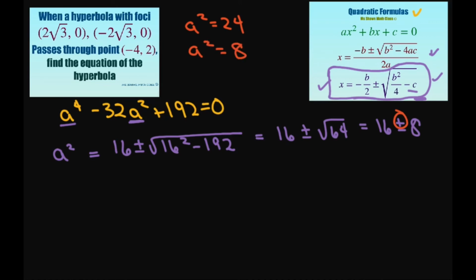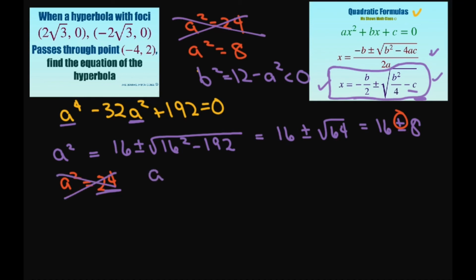Now, if a squared is 24, then if I look at my equation 2, b squared equals 12 minus a squared, this will be negative, and we can't have that. So we have to disregard the 24 and only use a squared equals 8, because that will make this positive.